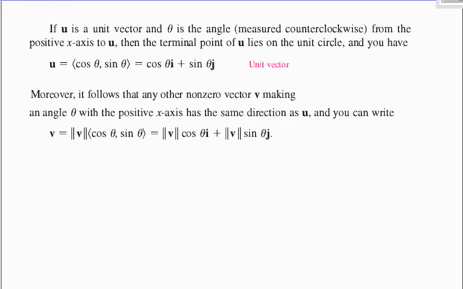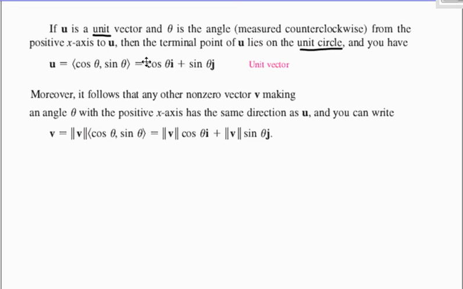All right, now, you guys, if u is a unit vector and theta is an angle measured counterclockwise from the positive x-axis to u, and the terminal point of u lies on the unit circle, right? If it's a unit vector, it's going to lie on the unit circle, and you have that u is cosine of theta, sine of theta, or i is cosine of theta plus j is sine of theta.